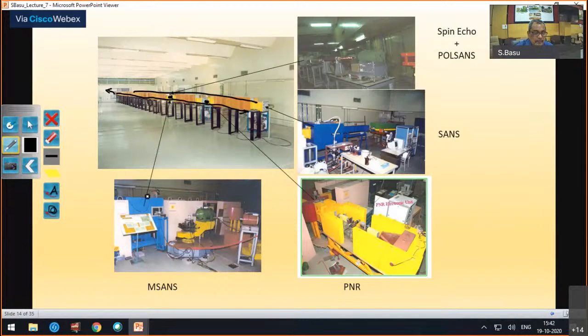In the first gap, there is a small angle neutron scattering machine. At the end of this guide, there is one more small angle neutron scattering machine. Between the two, there is a polarized neutron reflectometer. That's a beautiful thing, that you have gaps in a guide and you can put different instruments at these gaps, and on the same guide we have three instruments working.